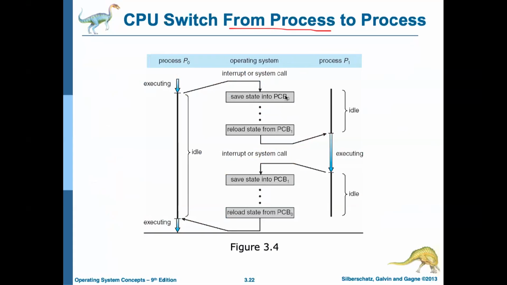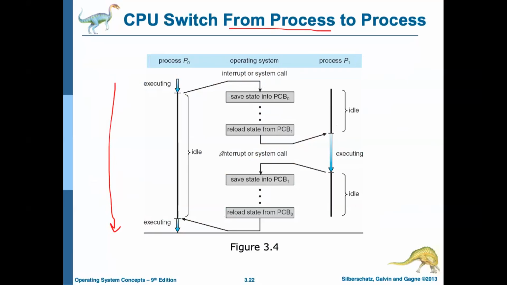If you check here properly, for P0, this is a time frame. From here to here is a time. Then there is an interrupt here, or as I told you just now, someone invokes it.